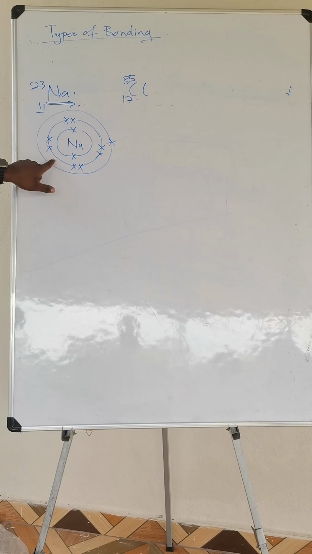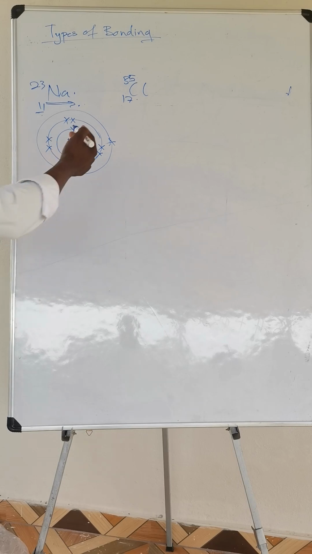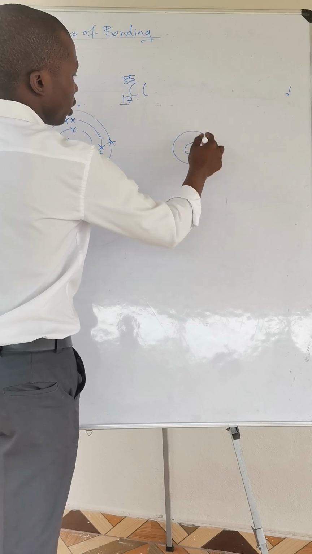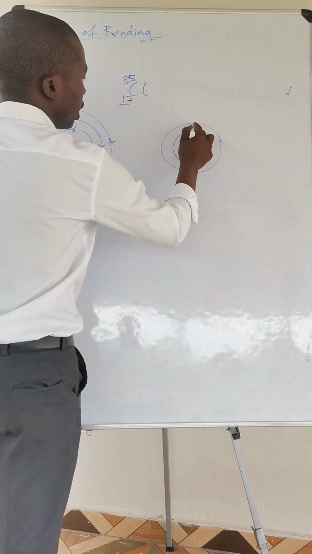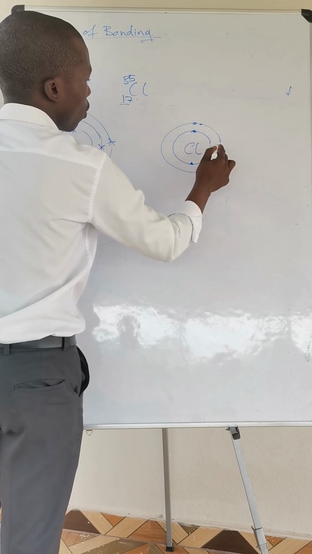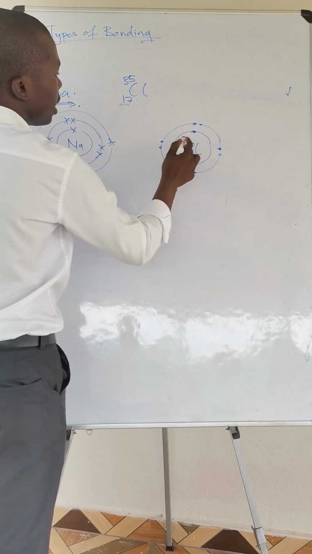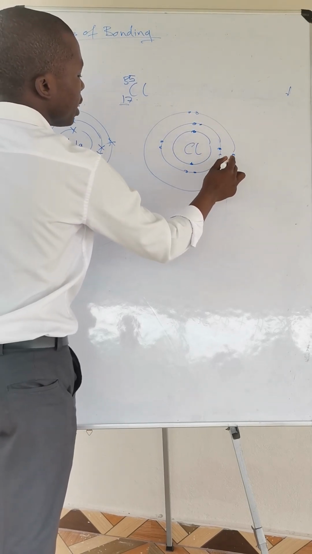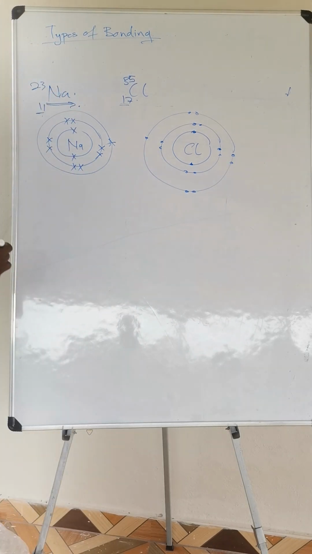So this is sodium with 11 electrons. Then let's do the electronic configuration of chlorine: 1, 2, 3, 4, 5, 6, 7, 8, 9, 10, 11, 12, 13, 14, 15, 16, 17.